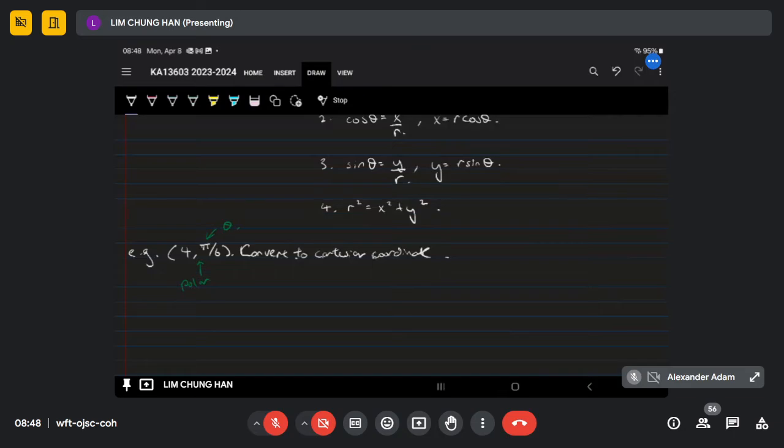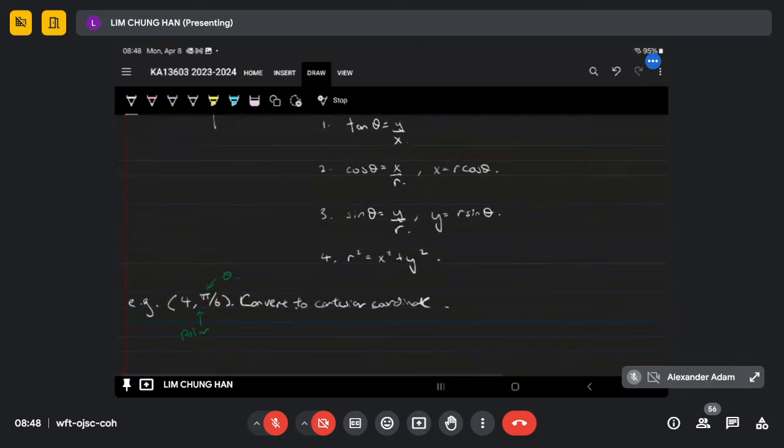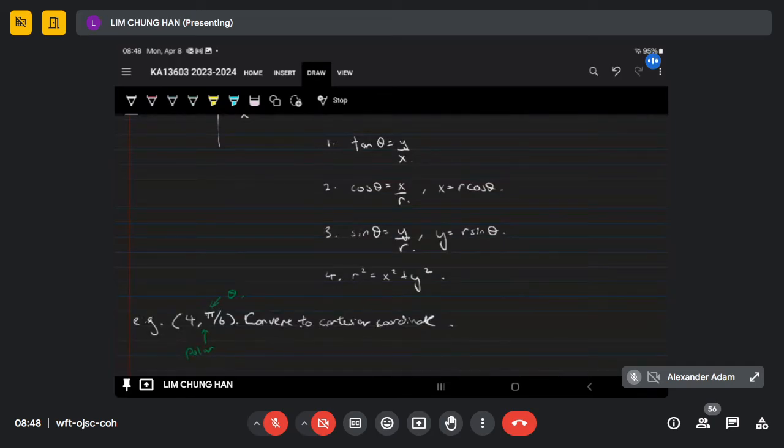So the process is like this. To convert, some of you will be tempted to apply the formula straight away. You can apply the formula straight away and get an answer straight away, but it's very dangerous to do it that way. I will show you why later on in an example that will demonstrate exactly why that is dangerous. You cannot convert straight away.